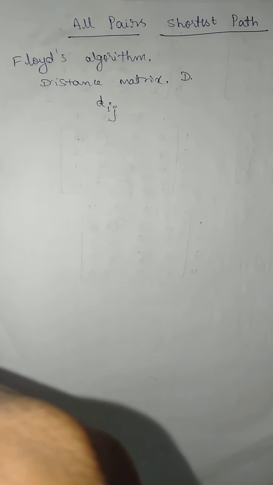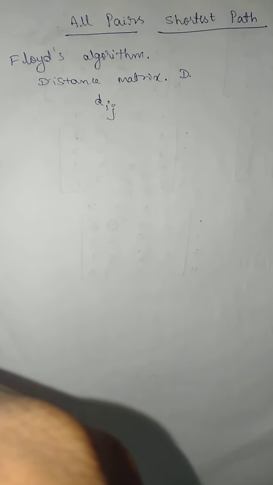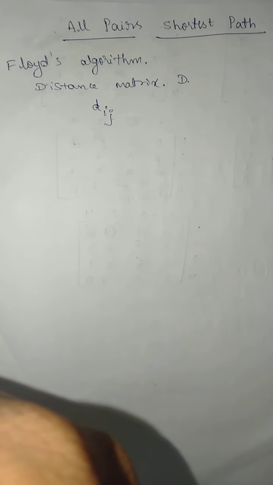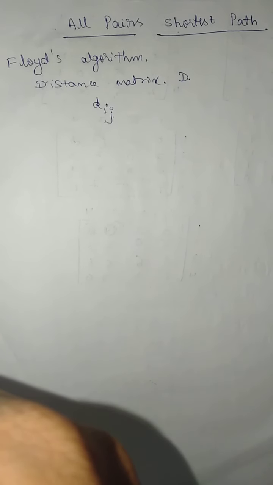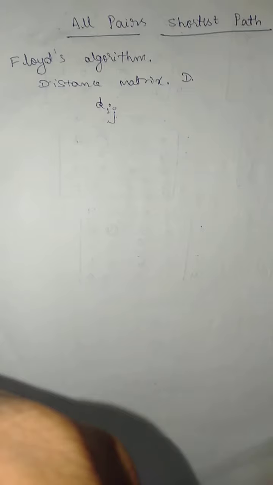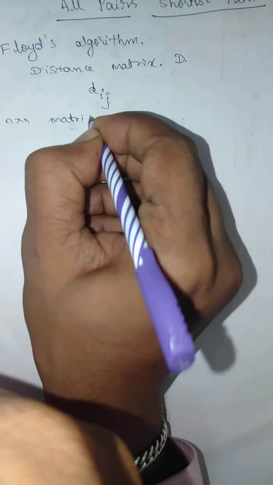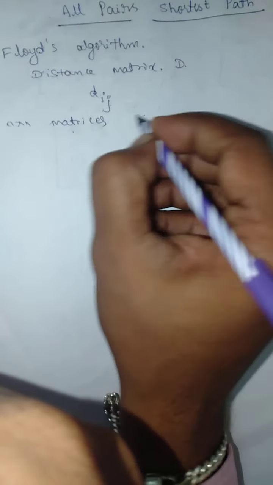Please recall the transitive closure, where the transitive closure of a graph is found by a series of n by n Boolean matrices. Similarly, here in Floyd's algorithm, we compute the distance matrix through a series of n by n matrices, where n is the number of vertices.